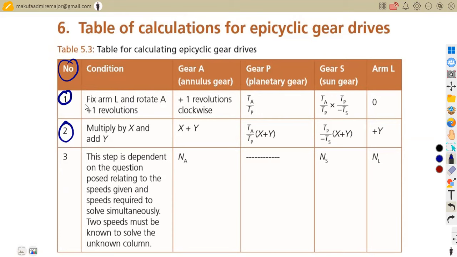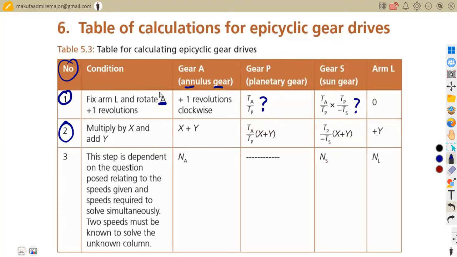Always, we said we fix the arm from those notes that I had. We said we are going to fix the arm and rotate the bigger wheel in this case, the bigger one, which is the annulus. So you rotate the annulus gear in this case. Then the other ratios, we talked about this from that table, and also how you calculate what is affecting S.